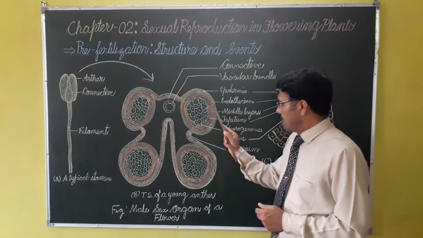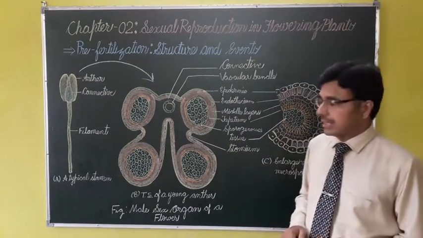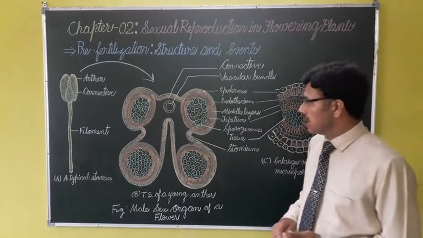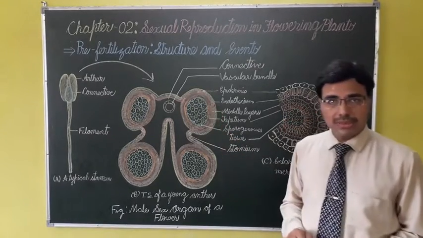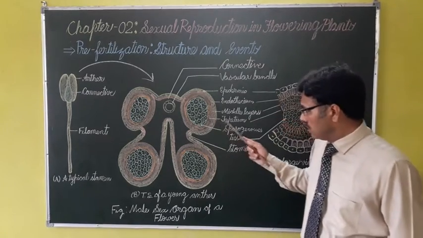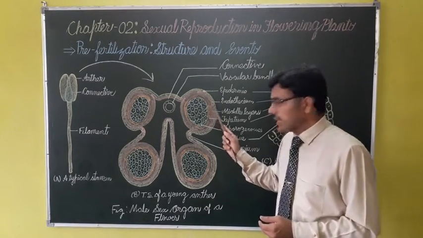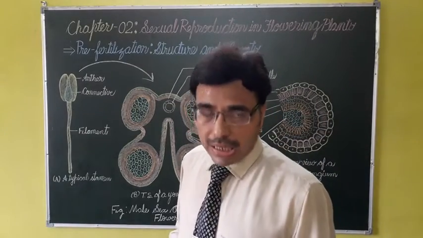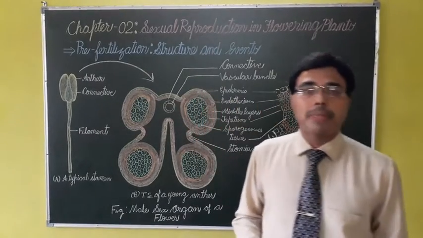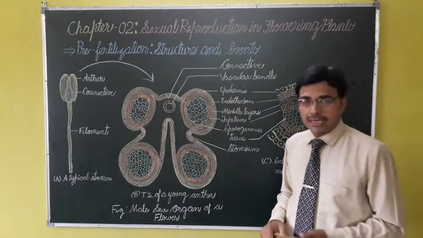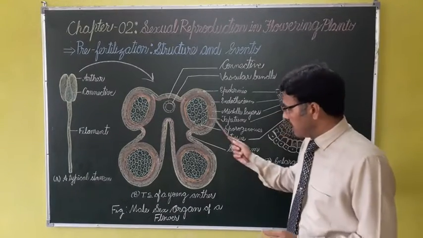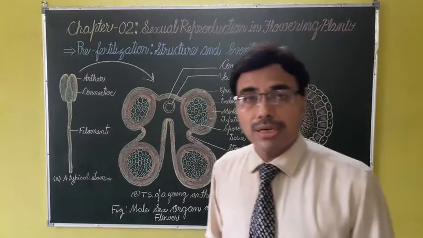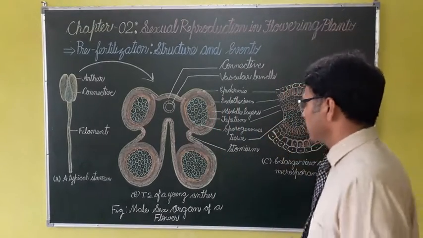Now the outer layers, that is the epidermis, the endothecium and the middle layer, these layers are collectively responsible for protection, and as I told you, the innermost layer is responsible for the nutrition because it provides nutrition to the developing microspores.